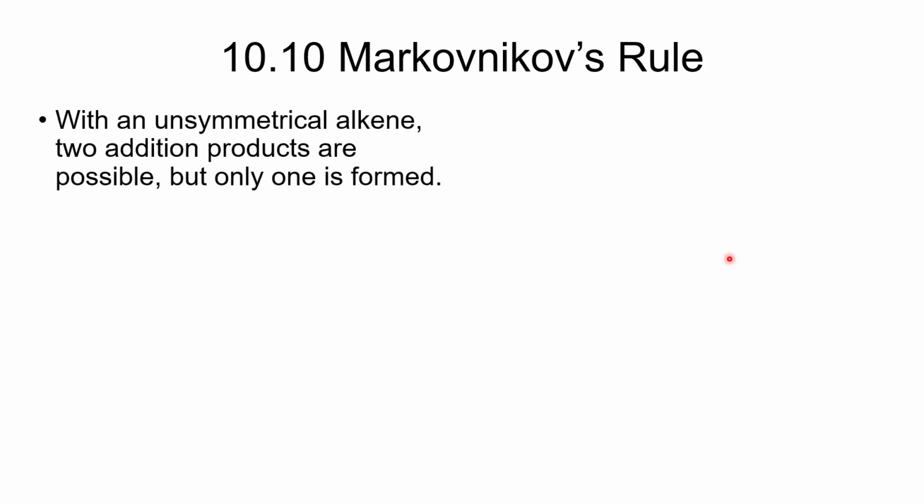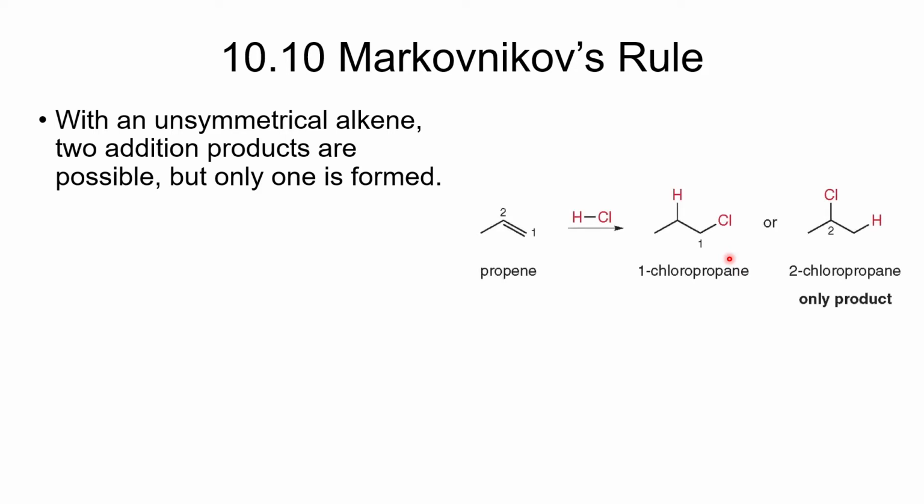Now, one thing that is kind of interesting, and this falls into the category of something we call regiochemistry. When we have an unsymmetrical alkene, it is possible to form 2 different products. So let's look at the simplest example of an unsymmetrical alkene, which is propene. We've got carbon 1 and carbon 2 right here.